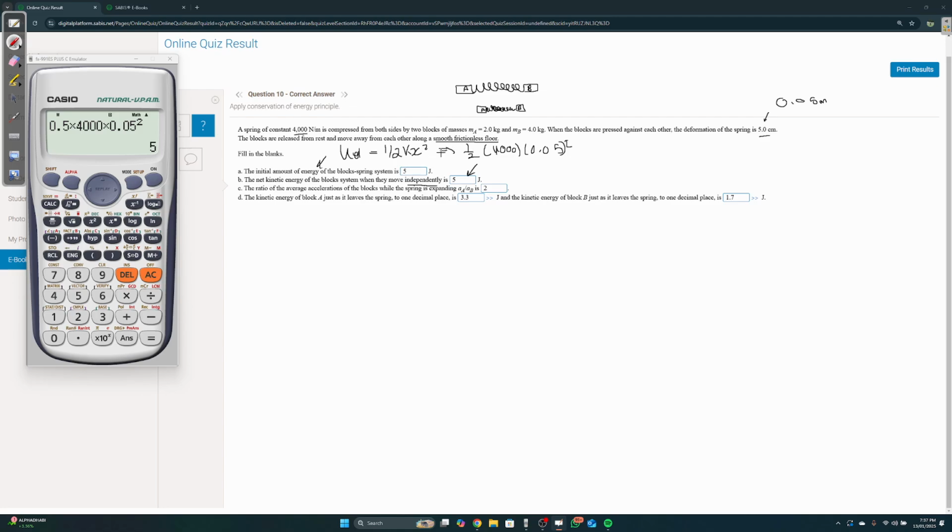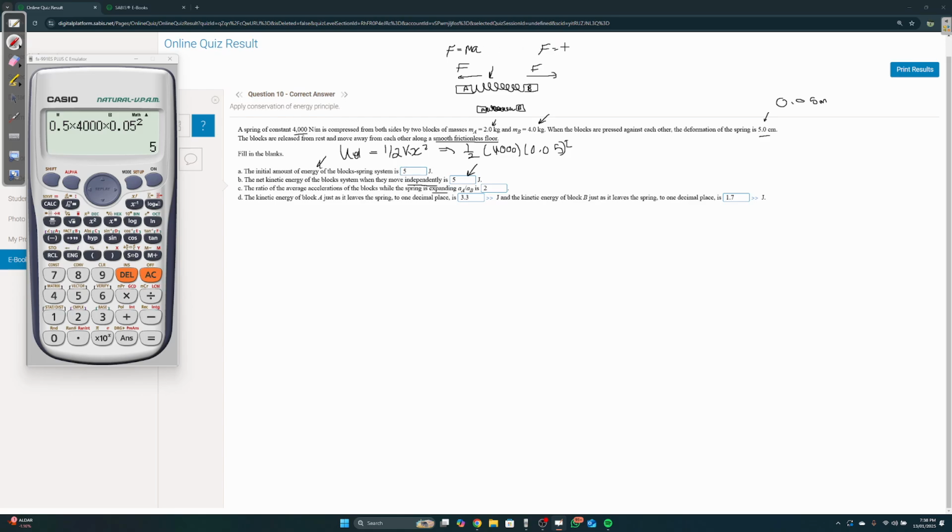The ratio of the average acceleration of the blocks when the spring is expanding, acceleration of A over acceleration of B, is how much? Over here, when it's expanding, the spring shoots it with a force F, and over here it shoots it with a force F. It's the same force, right? And we know masses, accelerations, force: F is equal to ma.